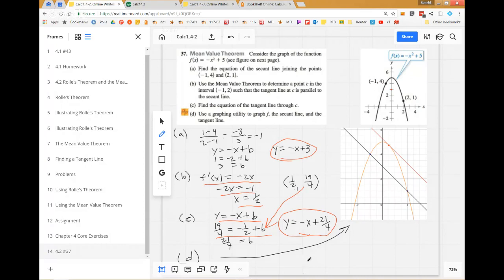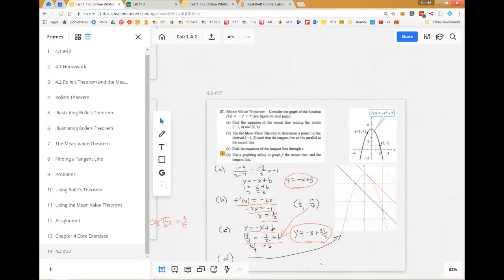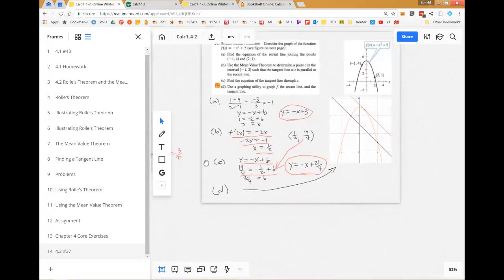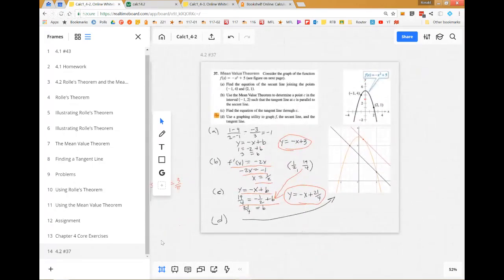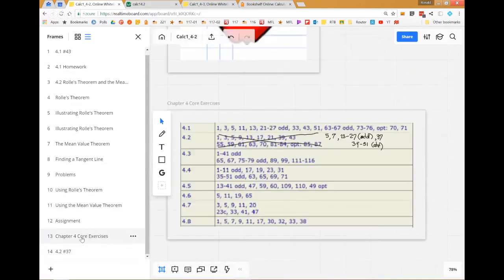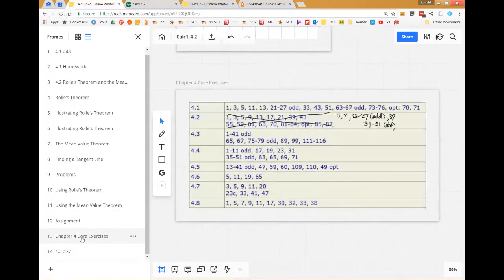Okay, so I just did one of your problems, number 37, but let's go back and look at the exercises one more time. I've completely changed them. So 5, 7, 23, 25, 27, 37, and then 39, 41, 43, 45, 47, 49, 51.